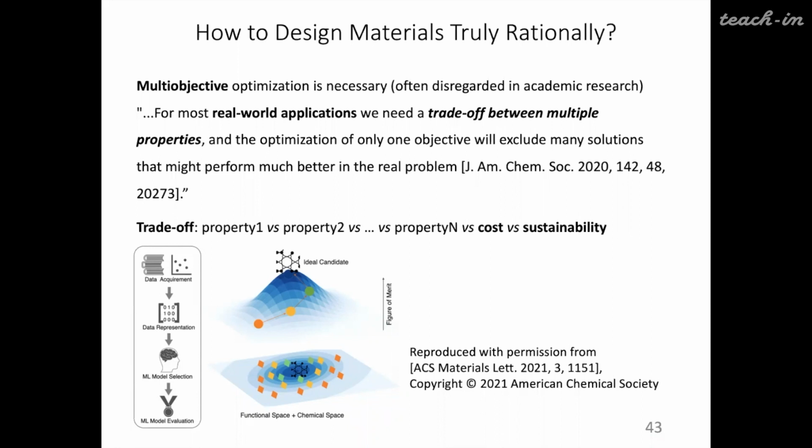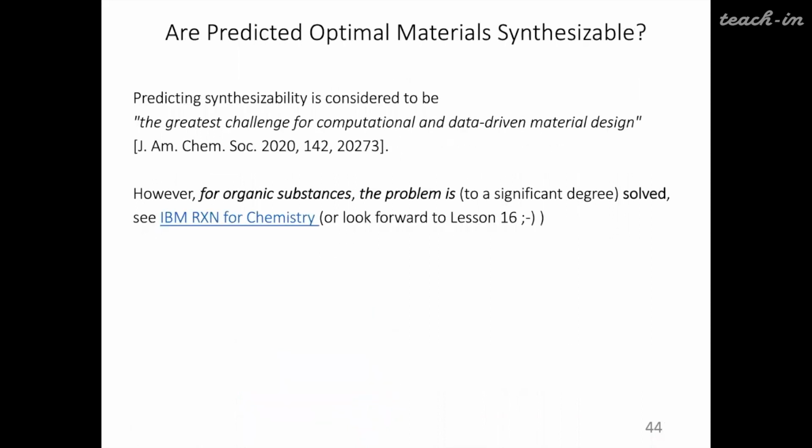And we can include even sustainability in the set of desired properties. And also, we should mention synthesizability. That's because we can predict materials, may it be by using a generative model or performing virtual screening.